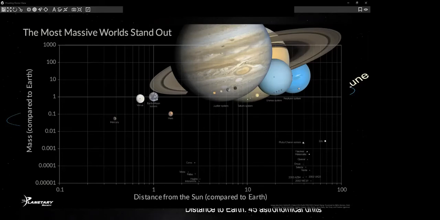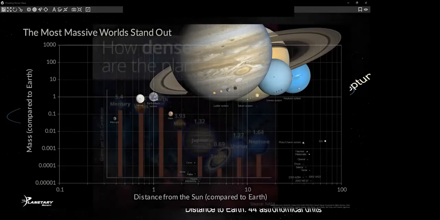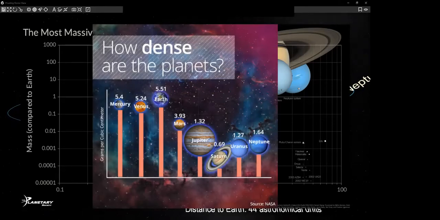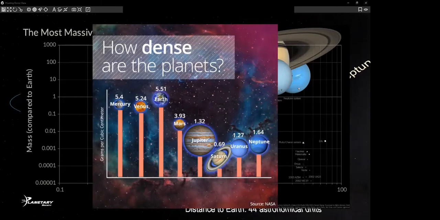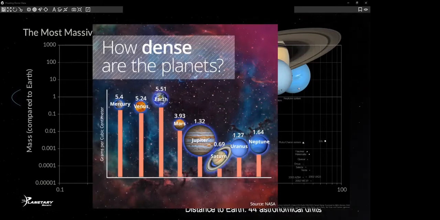Now, related to mass we have density. Density is how tightly packed all that matter within the planet is. Jupiter and Saturn may have more mass than Earth, but they are less dense than our planets.